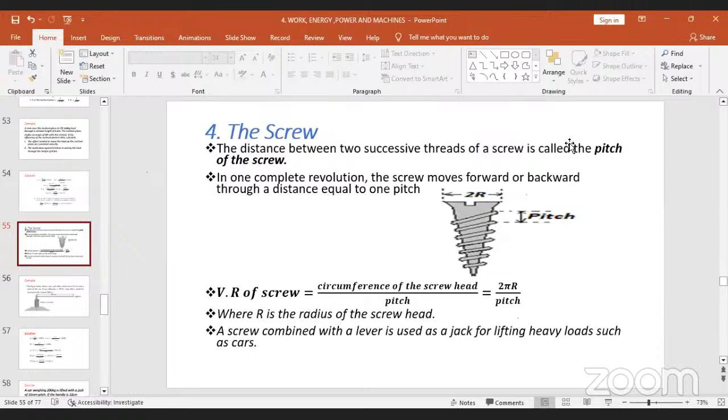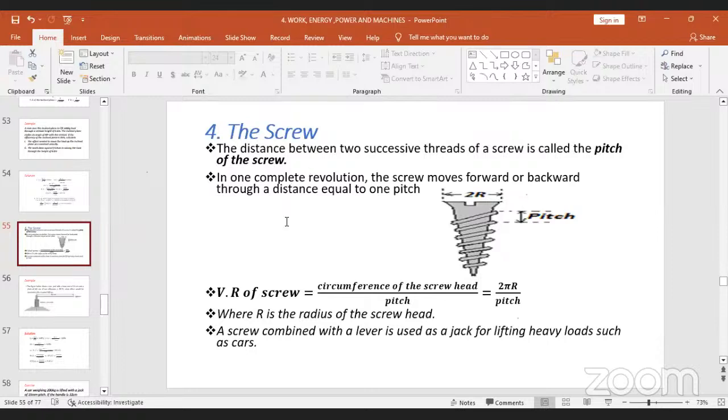In this case, the distance moved by effort is the circumference of the screw head, which is determined by 2 pi r. And the distance moved by the load is the pitch, the distance between the two threads of a screw. That is how we determine the velocity ratio of a screw.